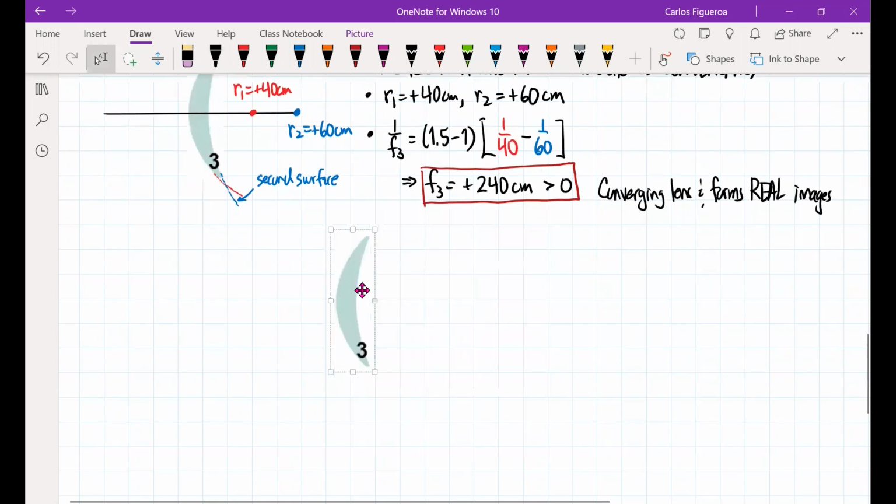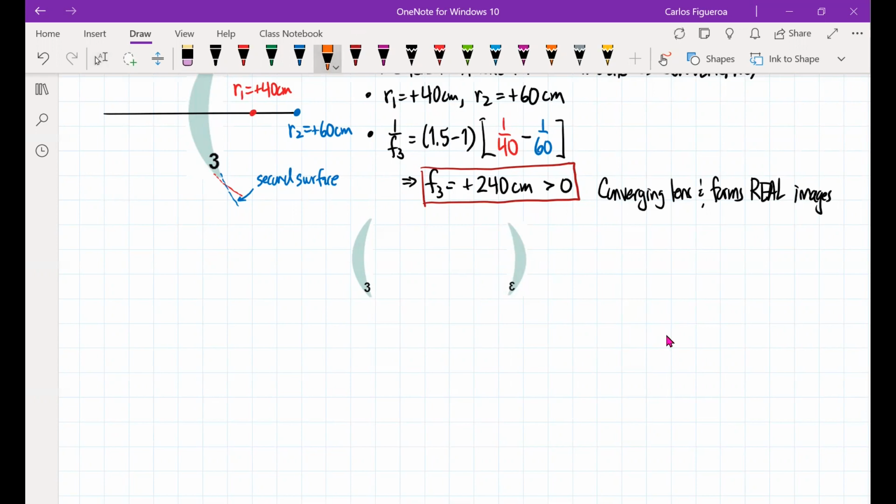So if I paste this guy in here, and if I make this smaller, just to draw little tiny ones, and if I come over here and I reverse the lens, like this here, what you're going to see here is that if I draw rays coming in, it doesn't matter whether they come in looking like this or if they come like that, they're both going to give you a convergence on the right side.